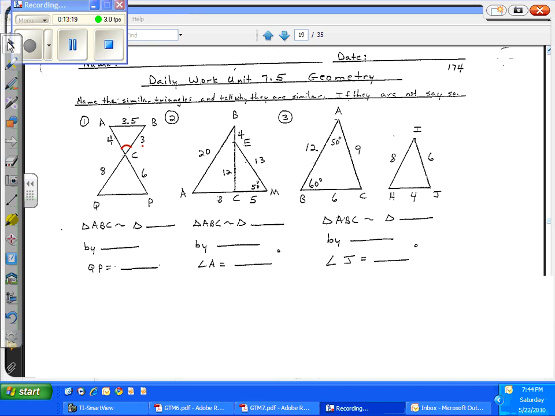This angle at C is equal to this angle at C. That's the only pair of angles we know, so we can't prove it by angle, but we do have the sides that form those angles. The sides that form the top vertical angle are 3 and 4, and the sides that form the bottom vertical angle are 6 and 8. And if we're going to check for side angle side similarity, we want to put small over small and large over large.